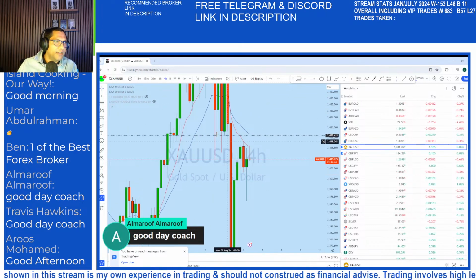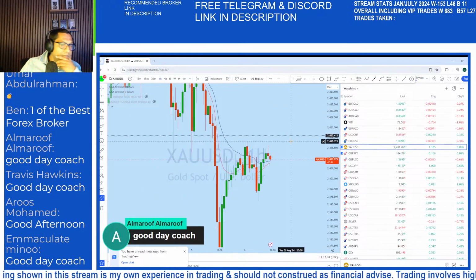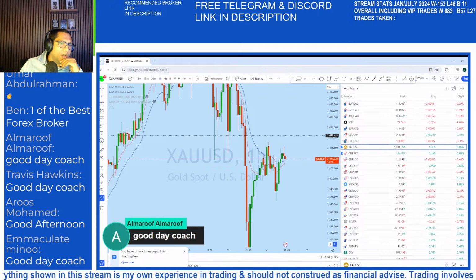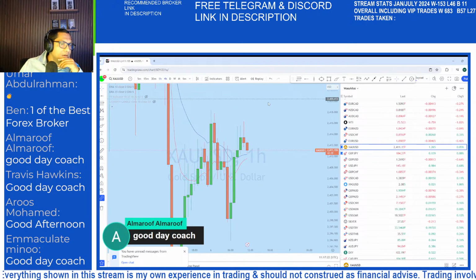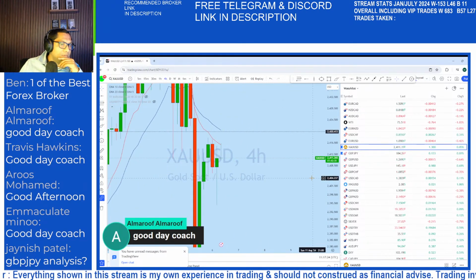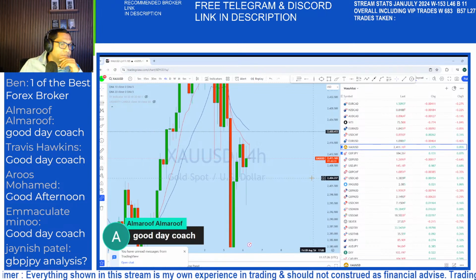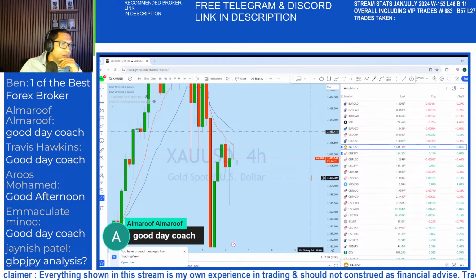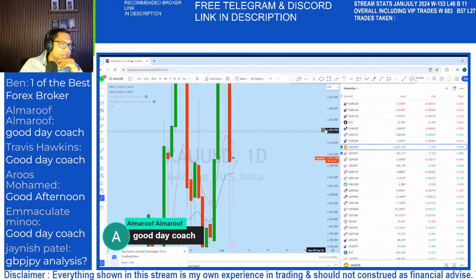Looking at this time frame from the 1 hour, and from the 4 hour, from the daily.